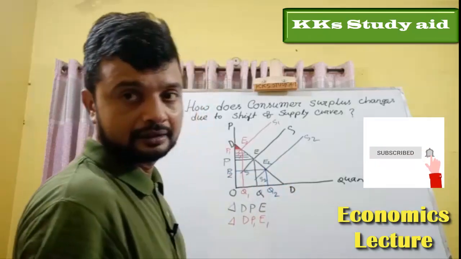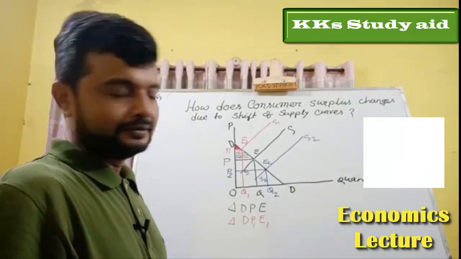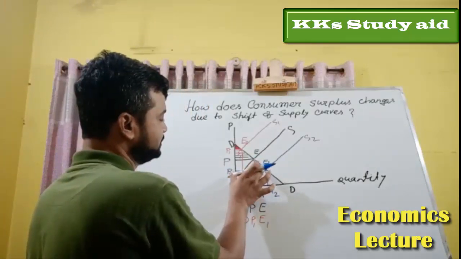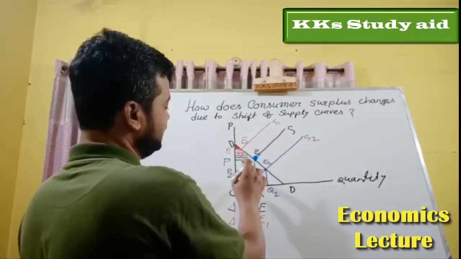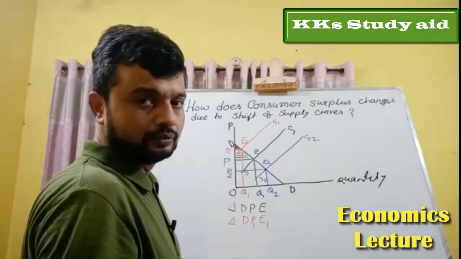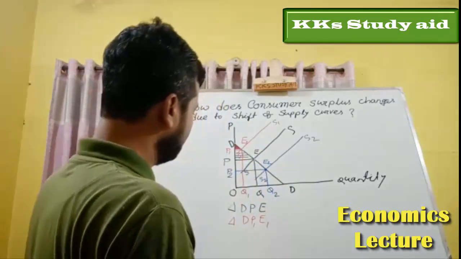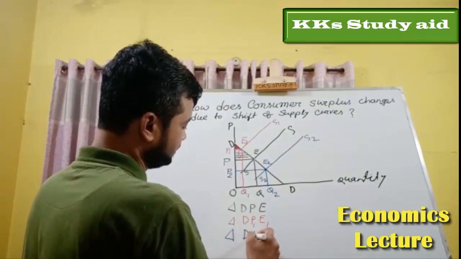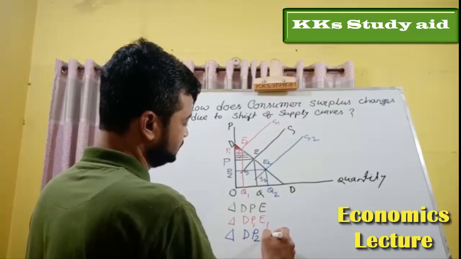What will be the consumer surplus here? Clearly we see the area under the price line P2E2 and under the demand curve is another triangular area, the triangular area DP2E2.